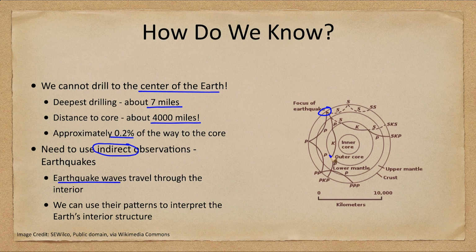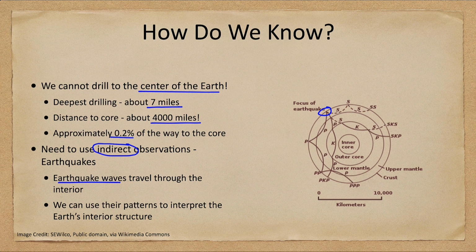And using the information from not just one earthquake, but from hundreds and hundreds of earthquakes that occur around Earth all the time, we can put together a model of the interior, how it has to be inside in order for those earthquakes to travel through there. For example, we have certain types of waves that cannot travel through the interior.